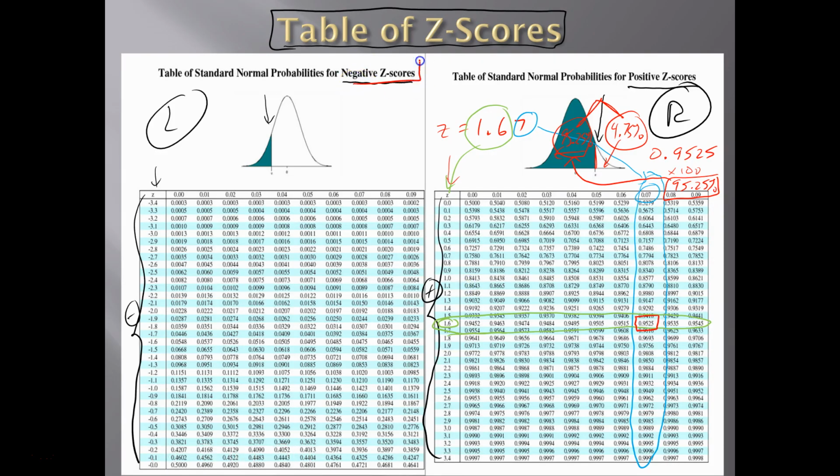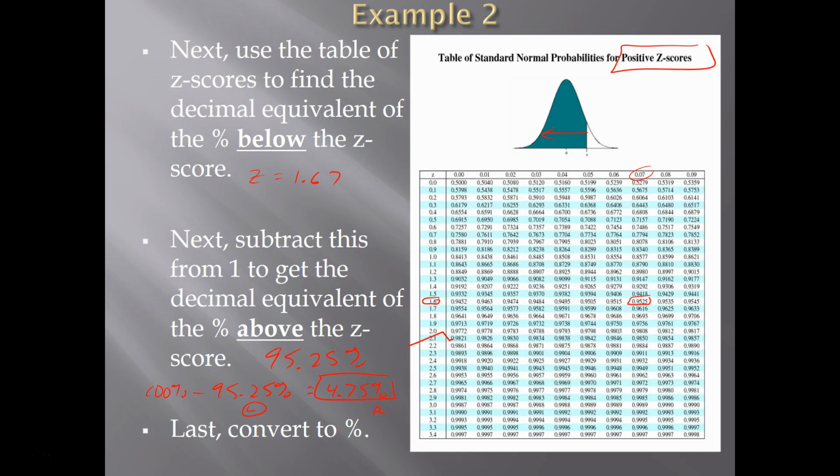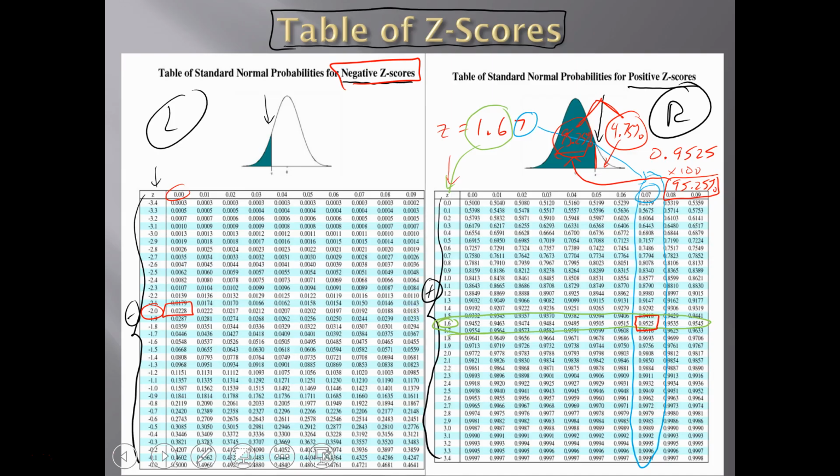So I'd find -2.0. Looks like right there, 0.0228. Notice that 0.0228 goes to the left. I want to multiply by 100, and that would be 2.28%. So 2.28% is to the left.